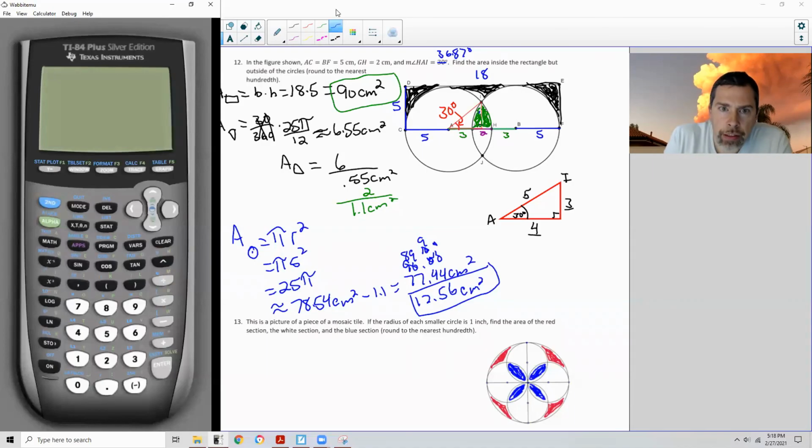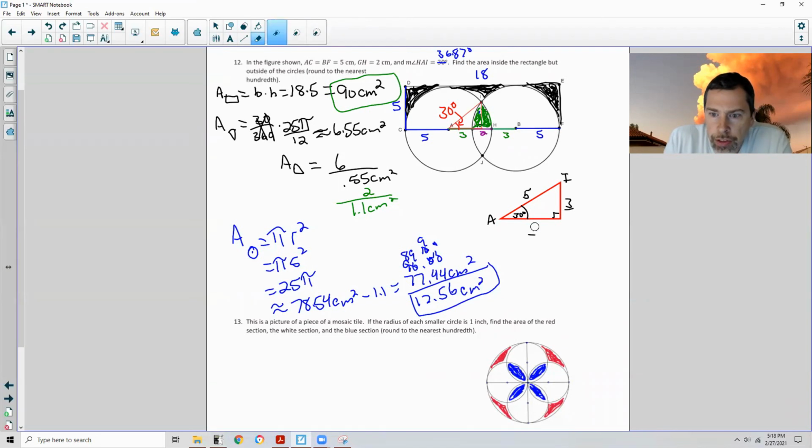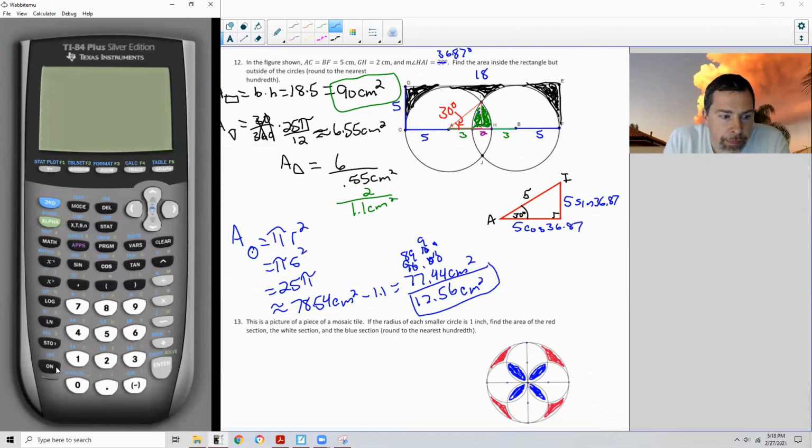So in the teacher edition, here's what it's showing. It is showing 5 sine 30 right here. But if I change that to 36.87 and make this 5 cosine 36.87 and put it in my calculator, 5 sine 36.87, I get pretty close to 3.